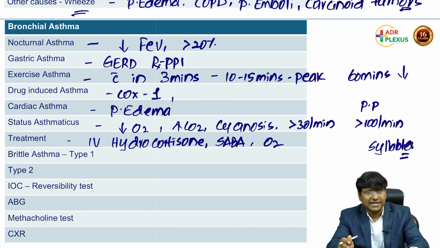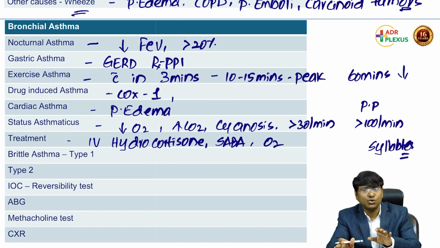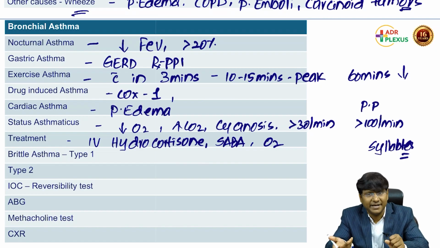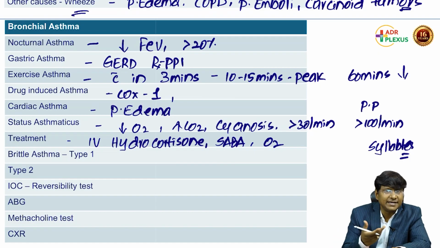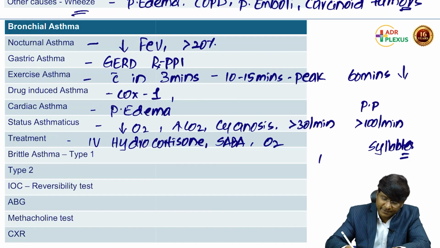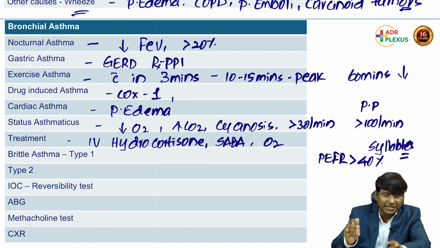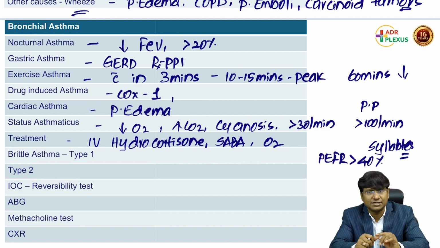Then the other variant of asthma is brittle asthma. Brittle asthma is that some patients show chaotic or abrupt variation in the lung function despite taking appropriate therapy, where the diurnal variation of peak expiratory flow rate will be more than 40% in patients with brittle asthma, right? What is the difference between type 1 and type 2?